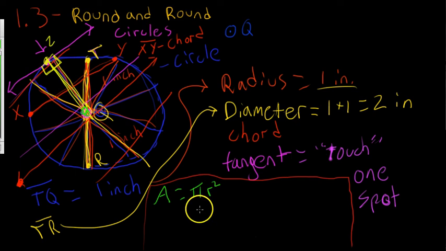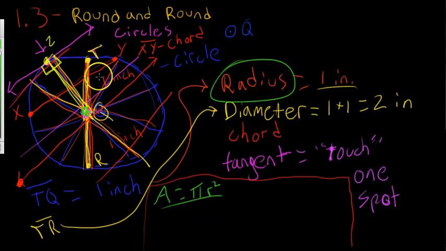Now, pi is just a constant number. It's like 3.141592653588979. It goes on forever. It's what's called an irrational number, which means you can't divide one number into another number to get pi. You can't express it as a fraction. But pi you just keep constant, and r is the radius, okay? So this is general for any circle.